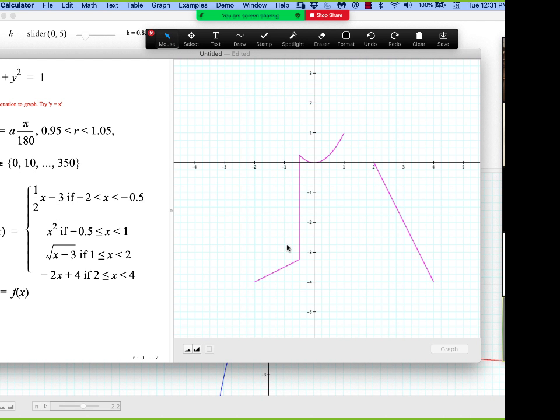So what about this? What's happening? In light of the way that GC plots graphs, what do you suppose is happening here? It's introducing this thing that makes this not a function, and that we did not bring into the mix.